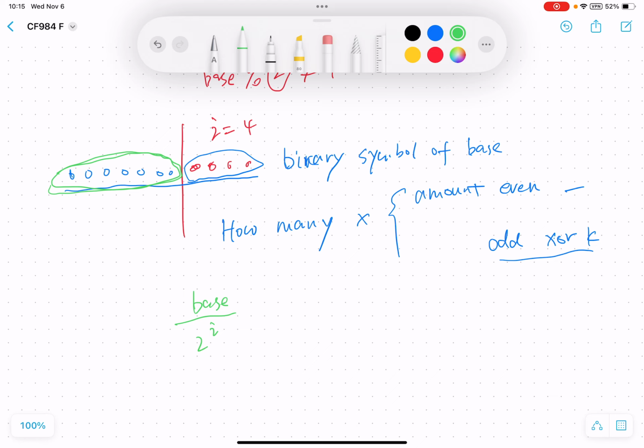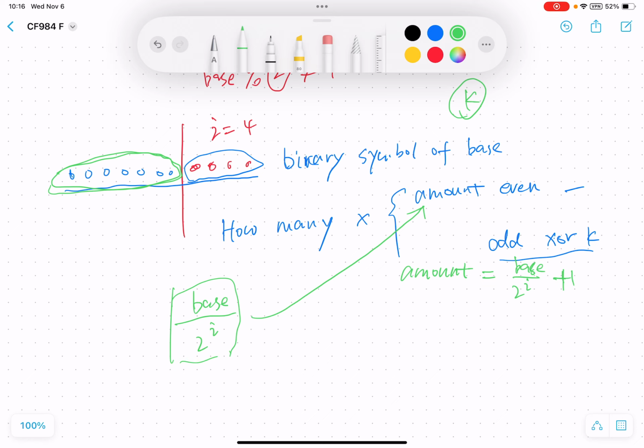Meanwhile this will be the amount of even, and actually it will be amount minus 1, because the amount equals base over 2 to the power of I plus 1, because k is not in this conclusion.